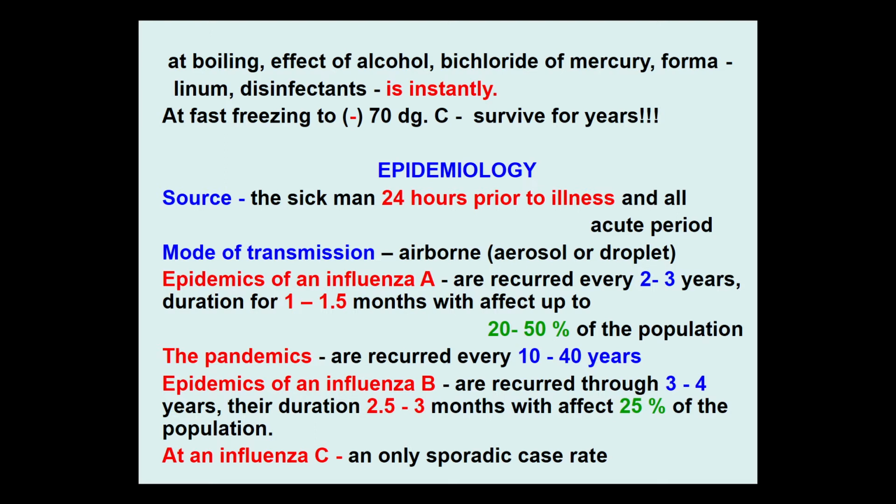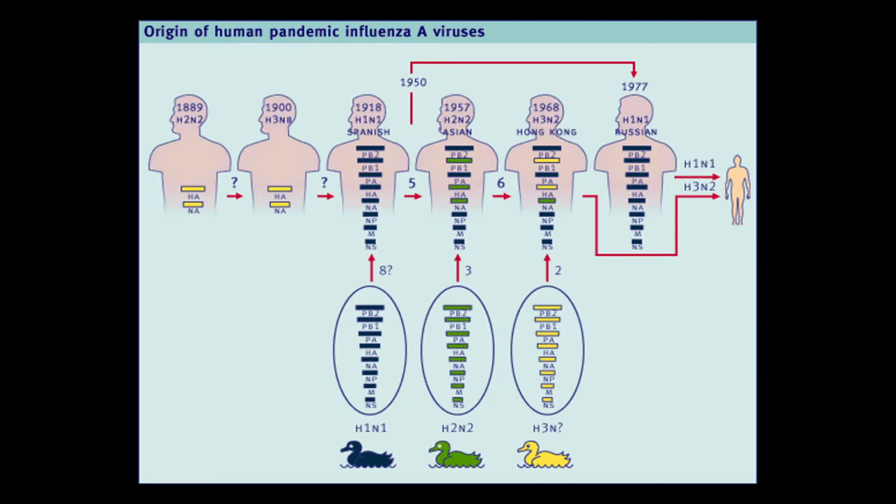Epidemics of influenza B recur every 3-4 years, with a duration of 2.5-3 months and an effect on 25% of the population. With influenza C, there is only sporadic case rate. Again, it's a type of influenza that causes epidemics in different years.